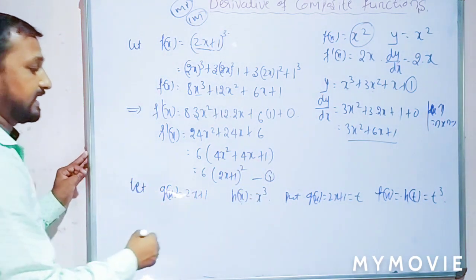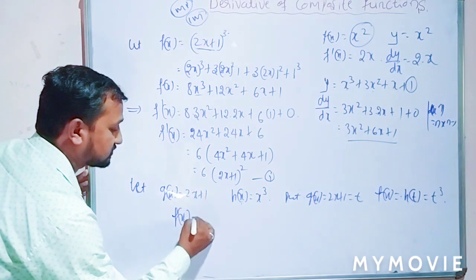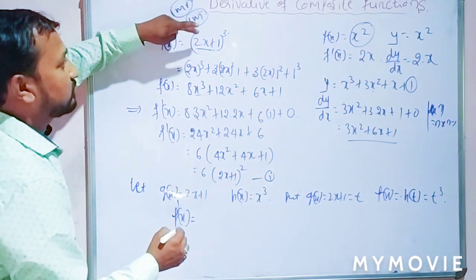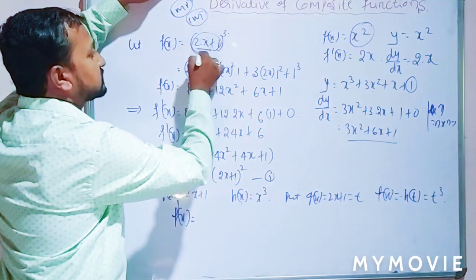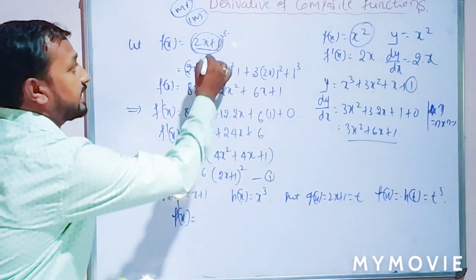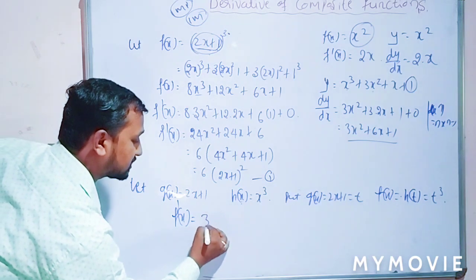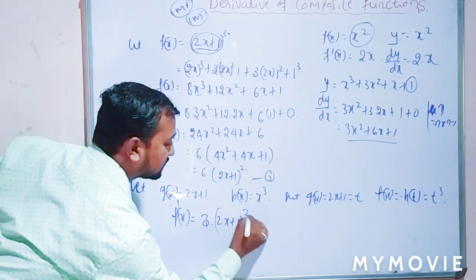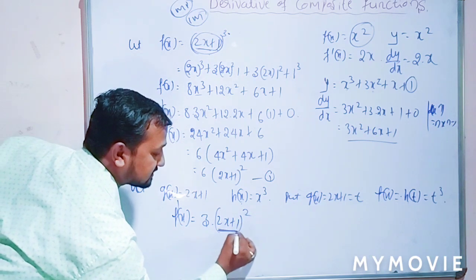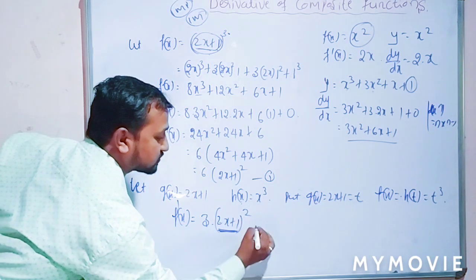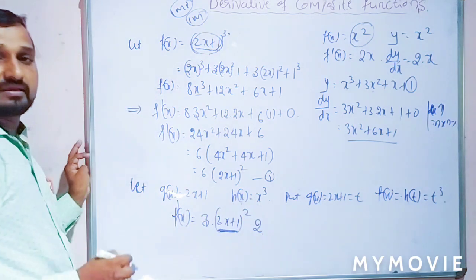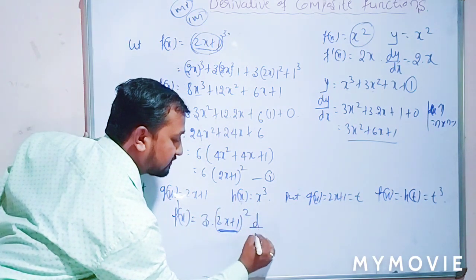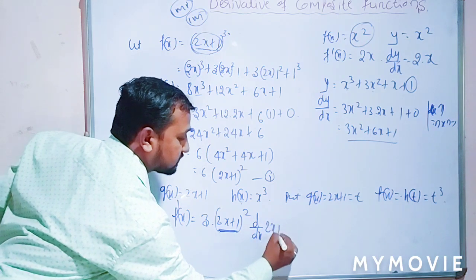So what can I do? Take f of x. Then f dash of x: this whole function should be taken as x, that is x cube form. x cube gives 3 into x square, that is (2x plus 1) whole square. Instead of x, this is the standard function. The derivative of 2x plus 1 is 2, that is d by dx of 2x plus 1.